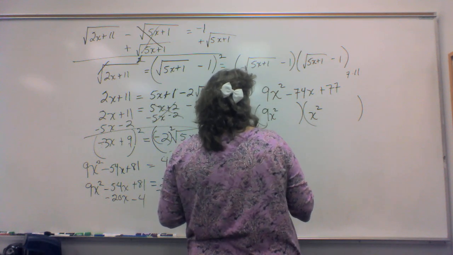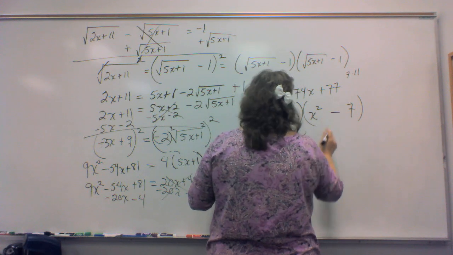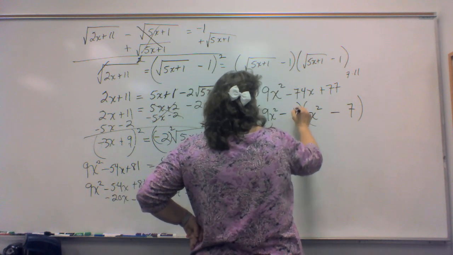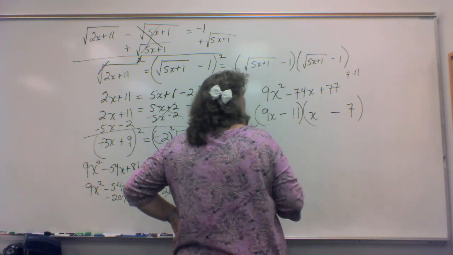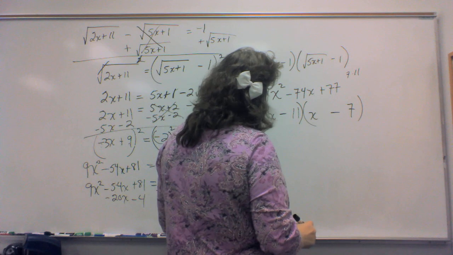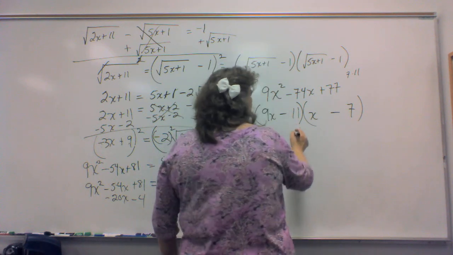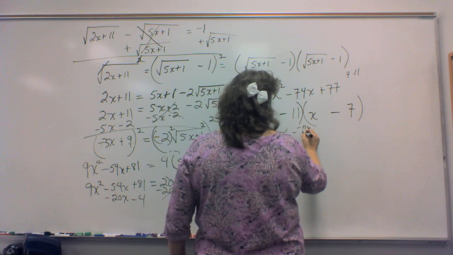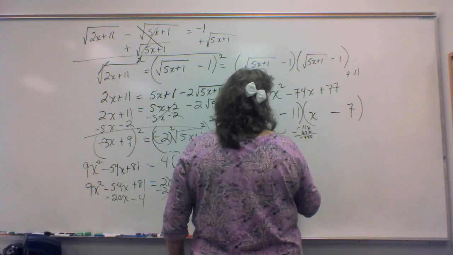Well, if I do 7 over here, they're both going to be minus. 7 times this is 63, minus, how about x and x? Minus 11 will be 74. Yep. See, negative 11x minus 63x, that gives you negative 74x.